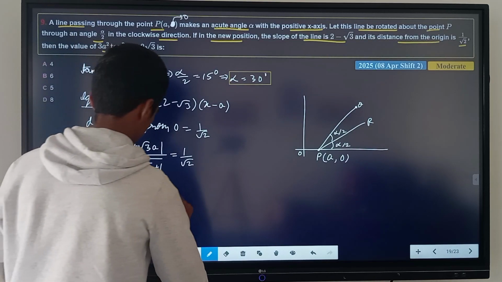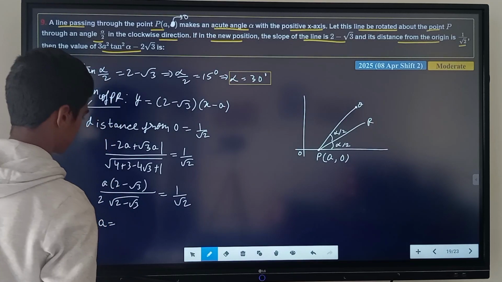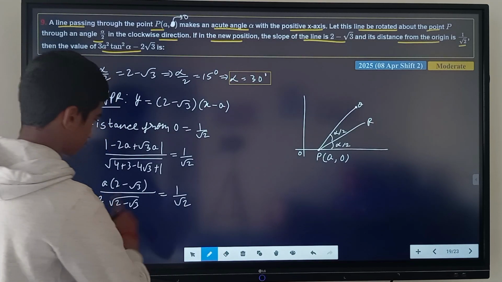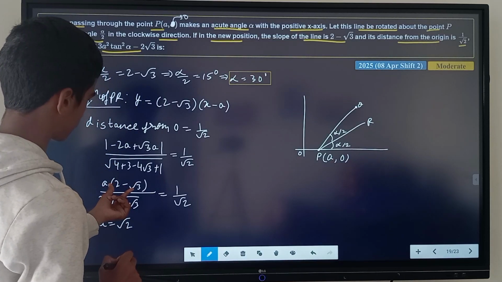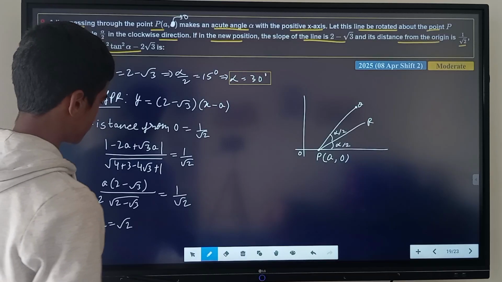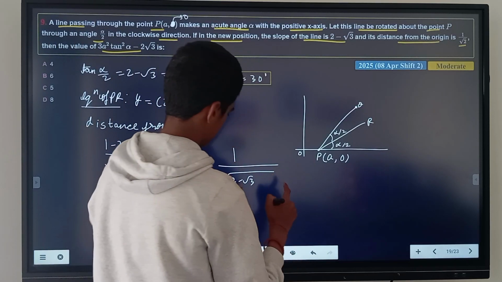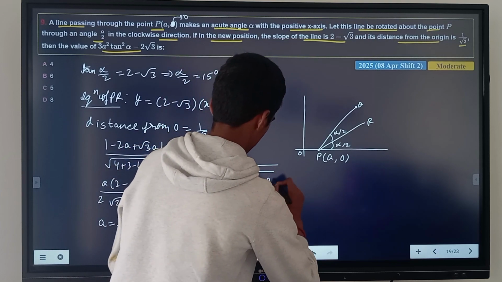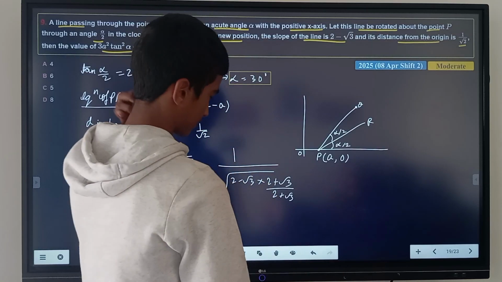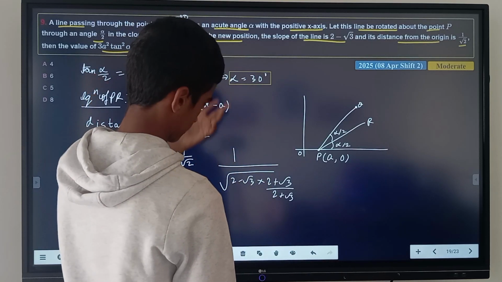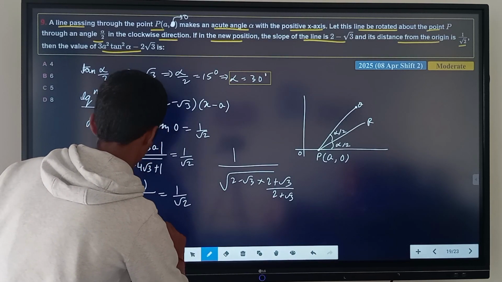The 2 outside is equal to 1 upon root 2. From here we will get a is equal to 2 upon root 2, which will be root 2, and under root of 2 minus root 3 in the denominator. Rationalize it by multiplying by 2 plus root 3 upon 2 plus root 3. In the numerator we will get root of 2 plus root 3.